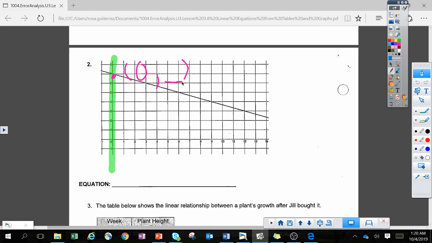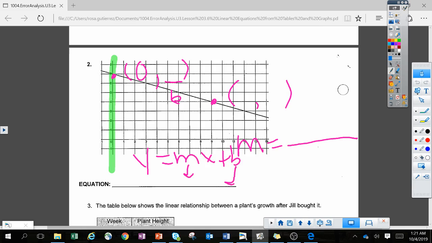Whatever that is, that's b. Make sure you can clearly pick another point in order to find slope. And make sure your equation looks like this when we're plugging in m and b.